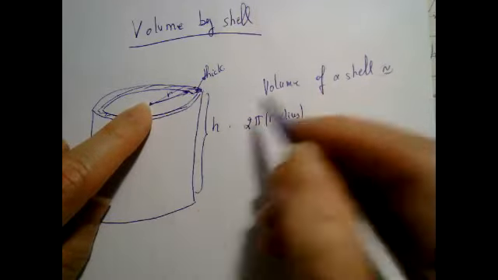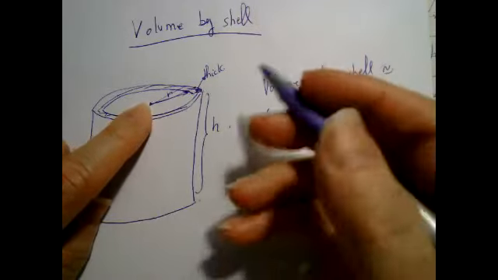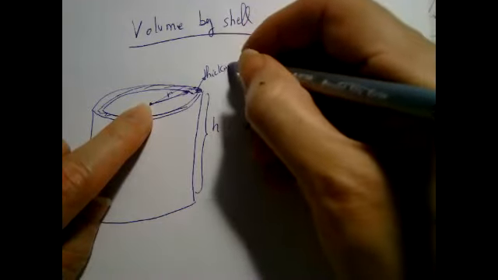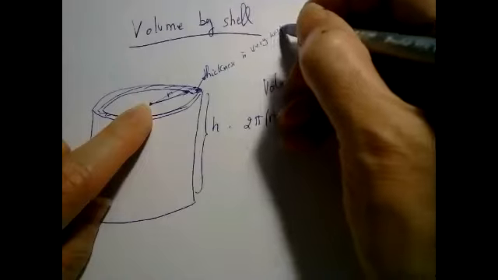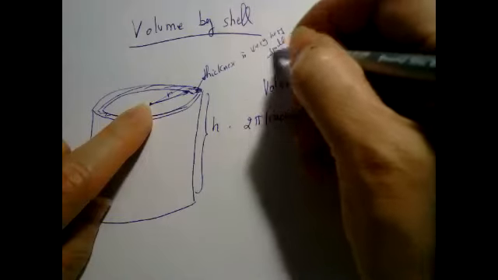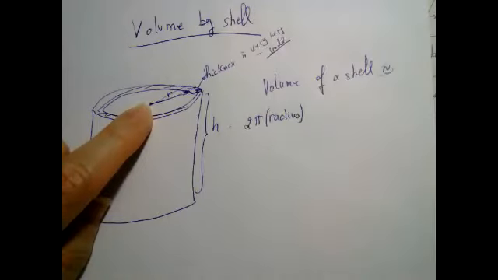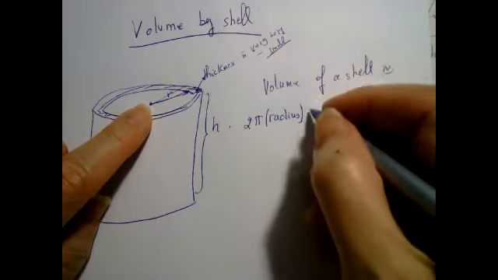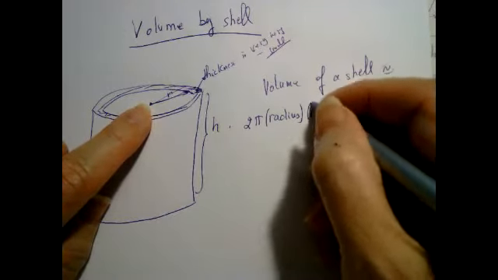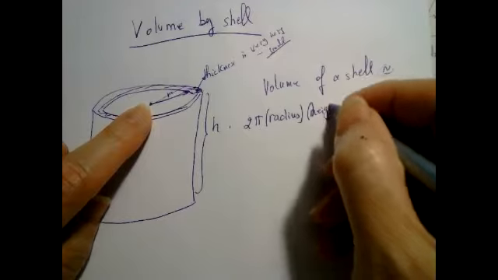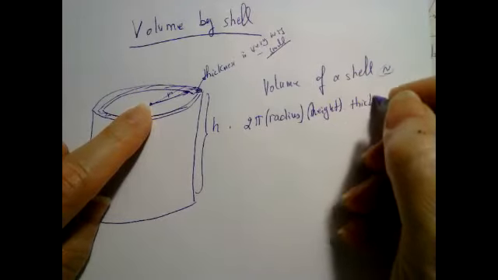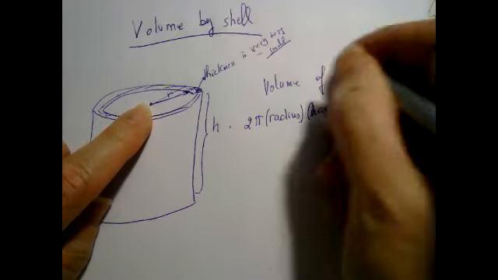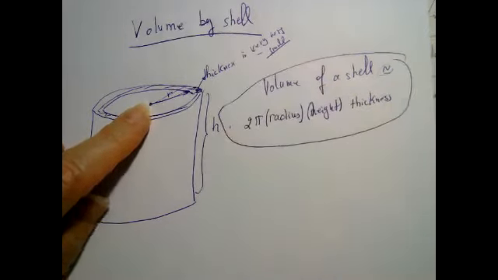That's why I have the approximation, because they are very, very close. In our scenario, the thickness is very, very small. It can be the delta x or the delta y. So it doesn't really matter which one you take, times the radius times the height times the thickness. Okay? That's the main idea.